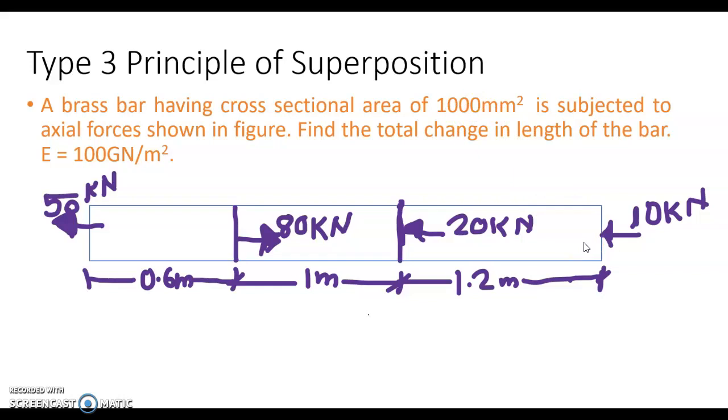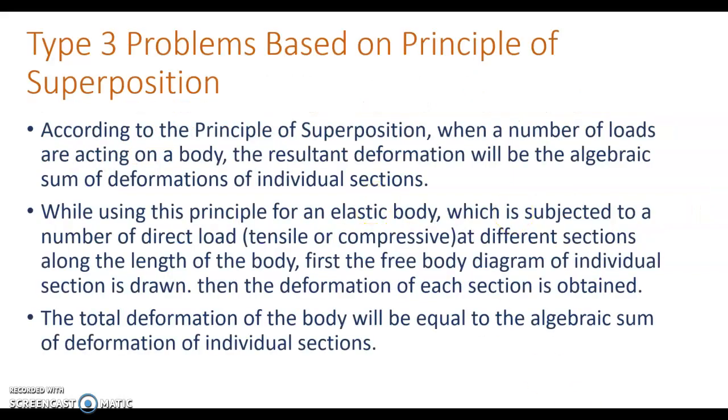Going back to the concept: while using this principle for an elastic body subjected to a number of direct loads at different sections along its length, first the free body diagram of each individual section is drawn, then the deformation of each section is obtained.